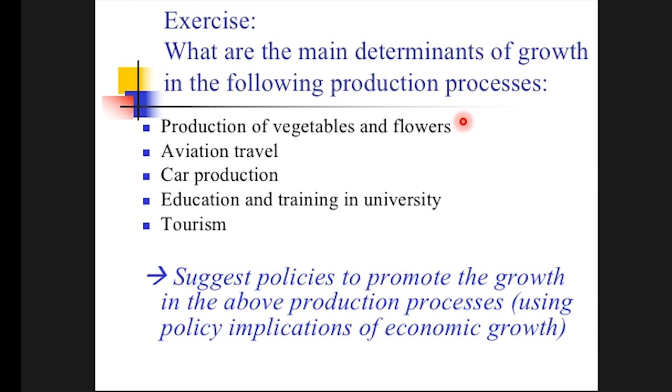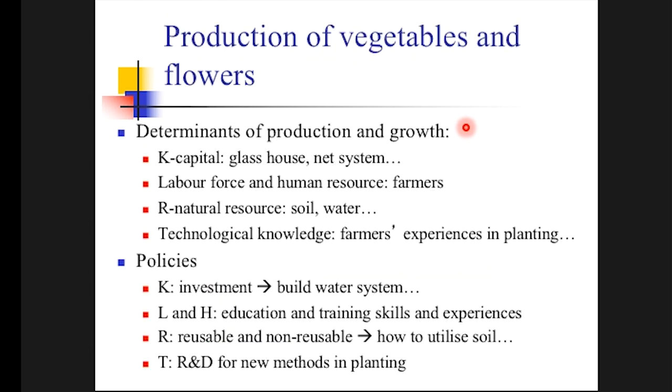The first production is vegetables and flowers. Slide number 19 gives you one example to answer the first production. The capital needed for this production may be the glass house, the net system, the equipment, the piping, or the watering system.